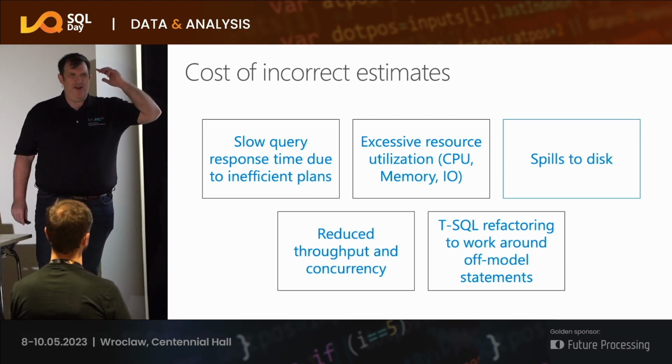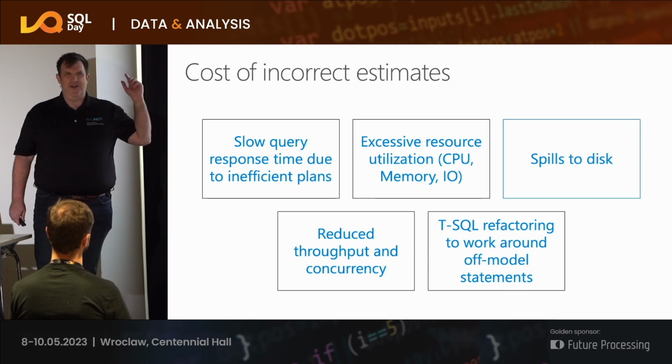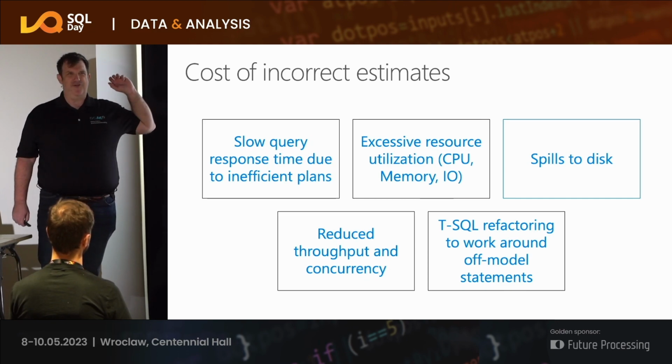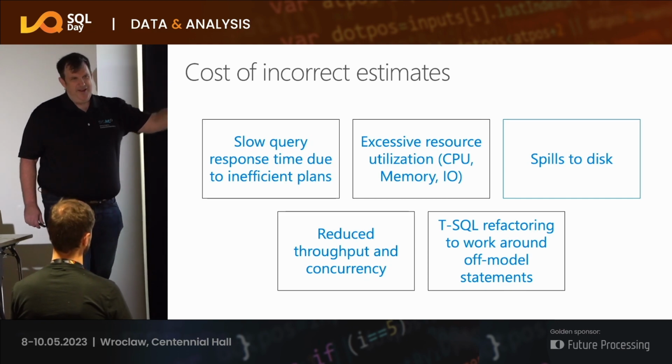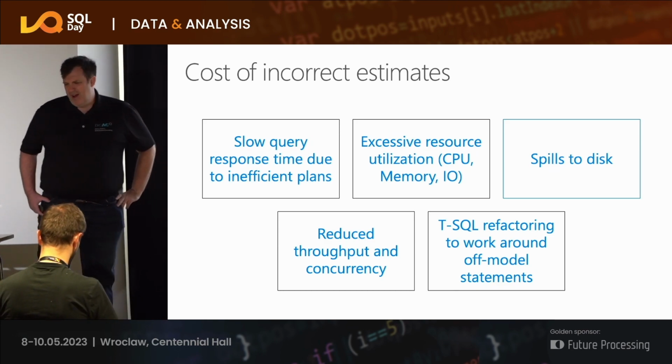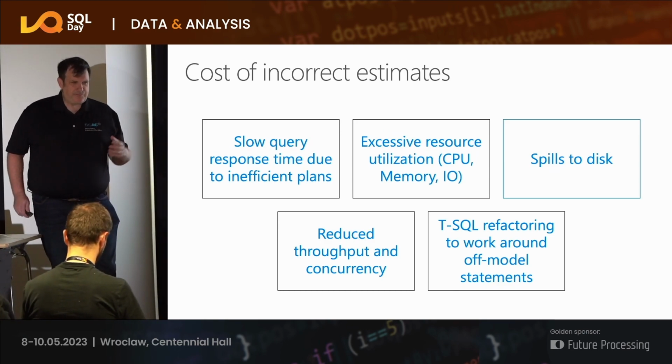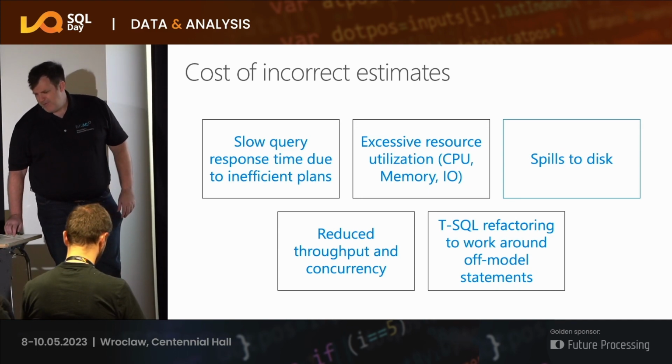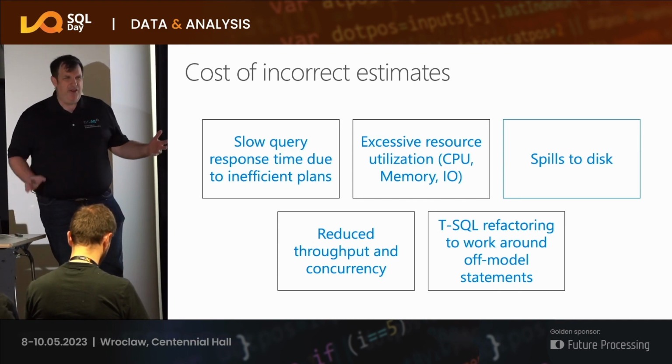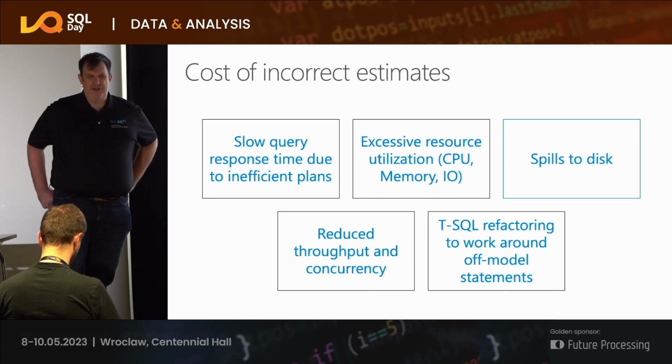Did anybody ever have problems with the cardinality estimator in 2014 when Microsoft switched it? A couple of people raised their hand. This was a major problem for a lot of people. It was mainly bad queries. There wasn't a consistent pattern of what went slower.